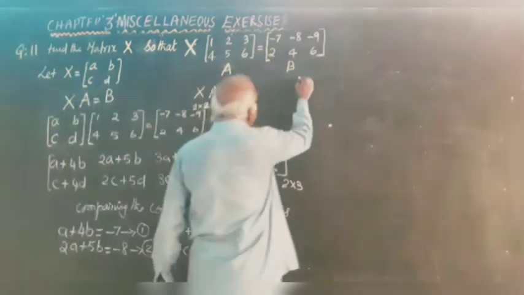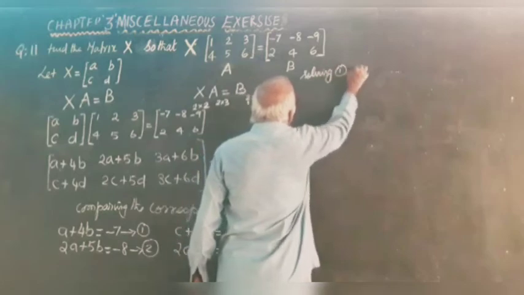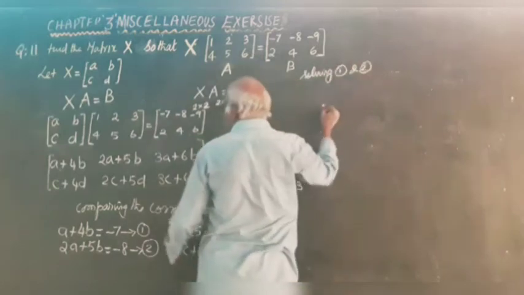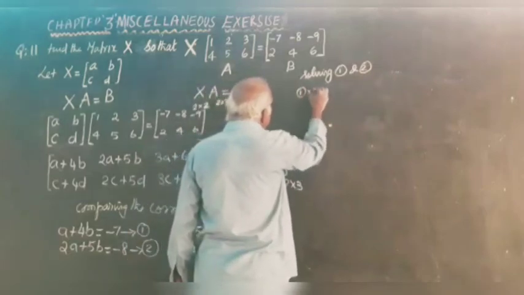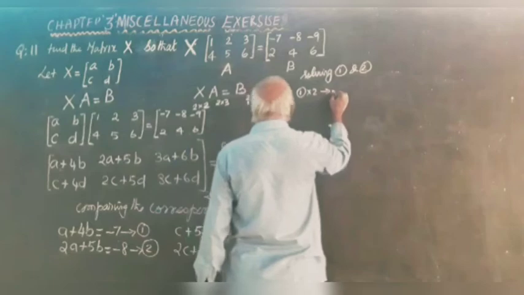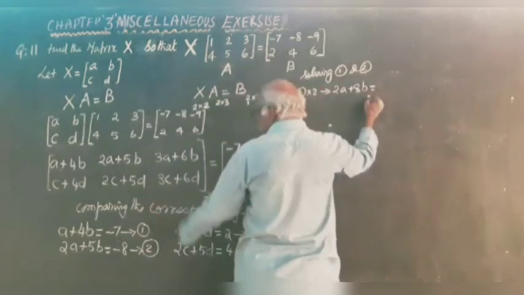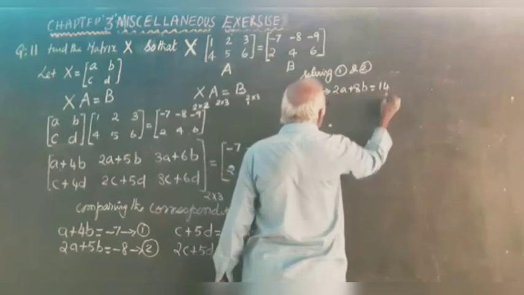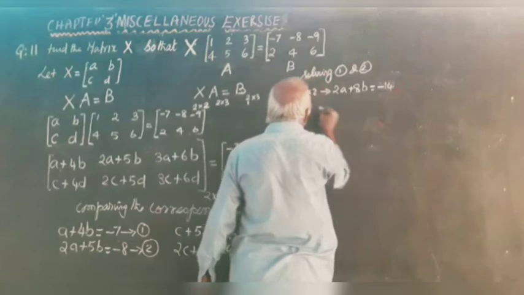Solving 1 and 2. Equation 1 into 2 implies 2A plus 8B is equal to minus 14.